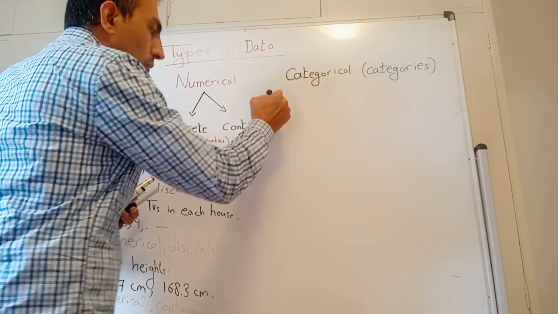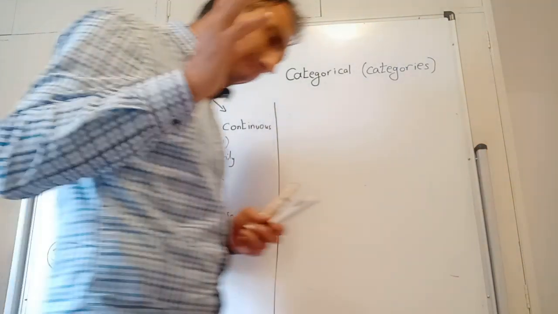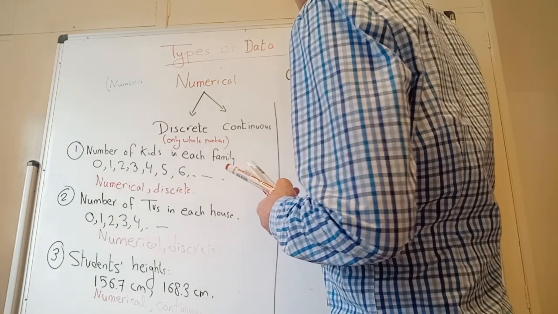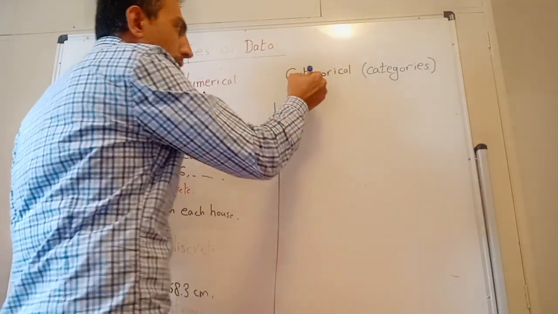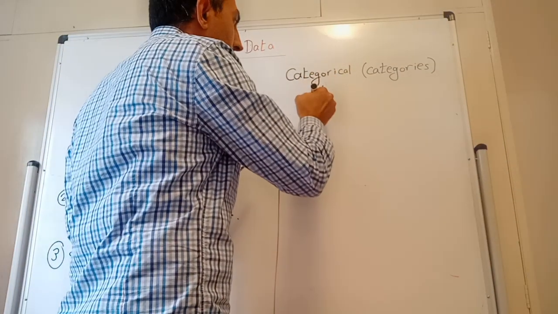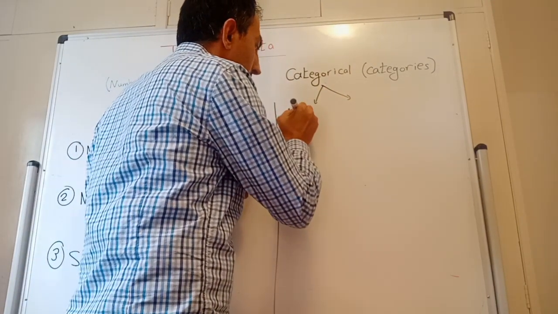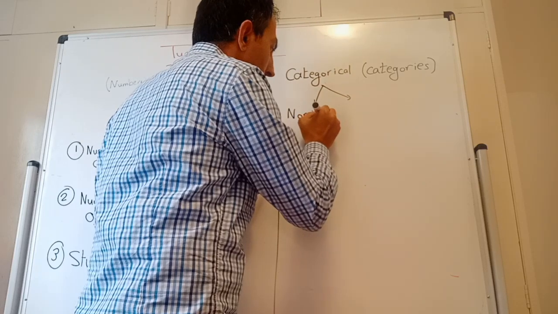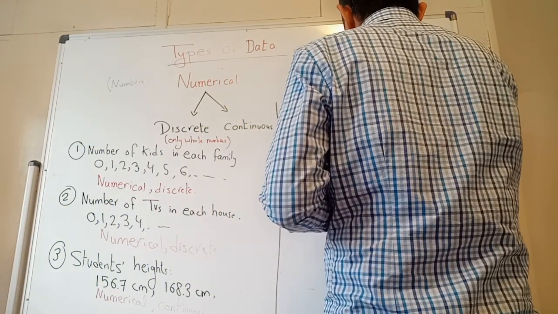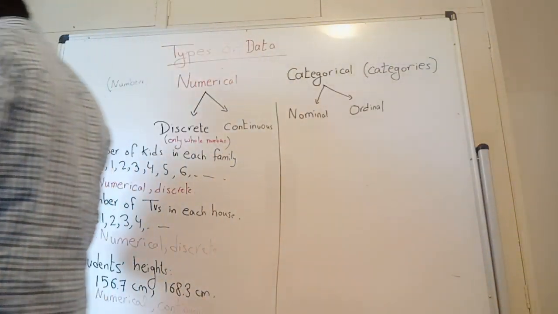Now we come to something else called categorical data. Categories, normally or mainly, we have them as words. I have two types of this data, which are nominal and ordinal.